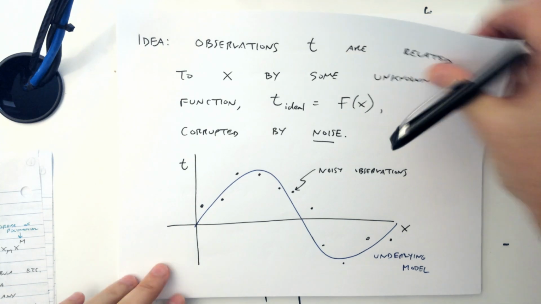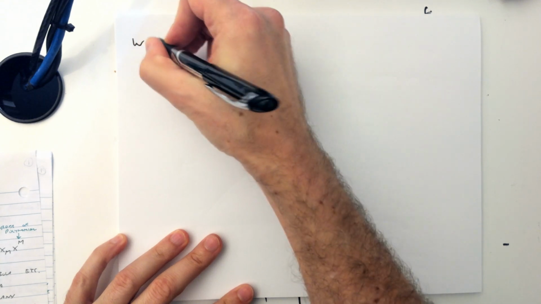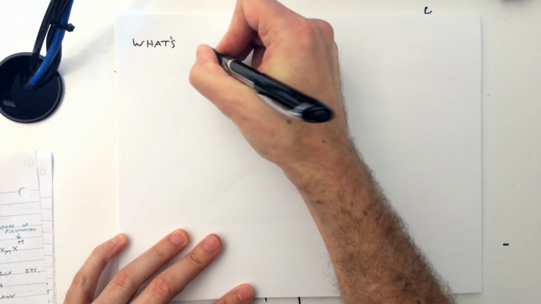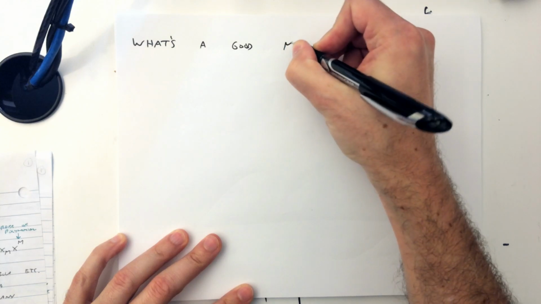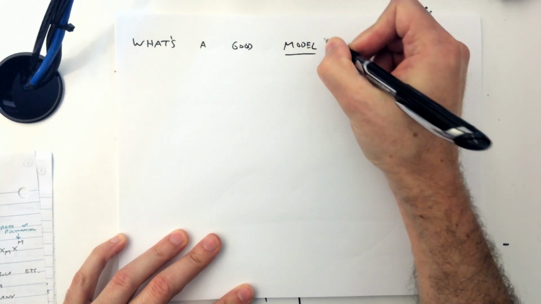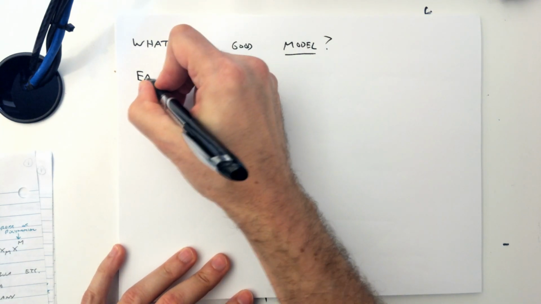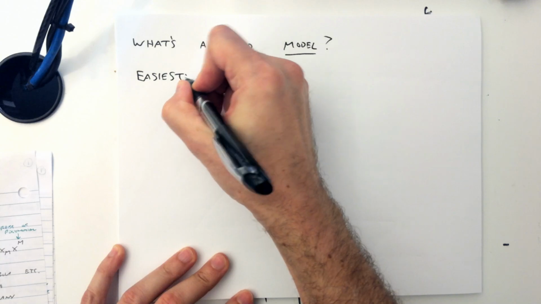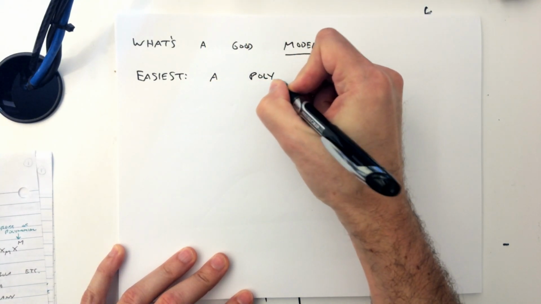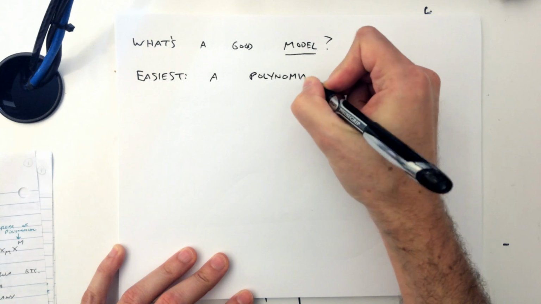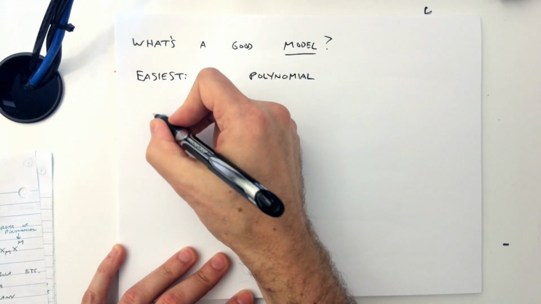And so let's just start with the polynomial case, right? What's a good model? Well, the easiest thing is, like I said, a polynomial. So I have a function that looks like this.